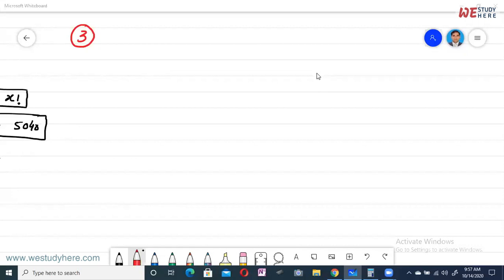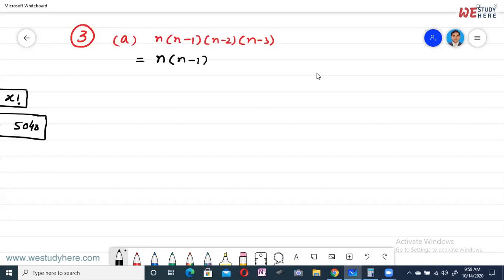The first part here is n into n minus 1 into n minus 2 into n minus 3. We will write it in the form of factorial.